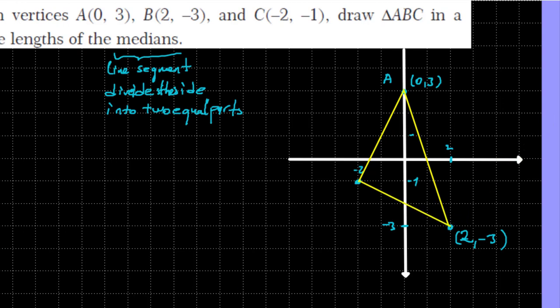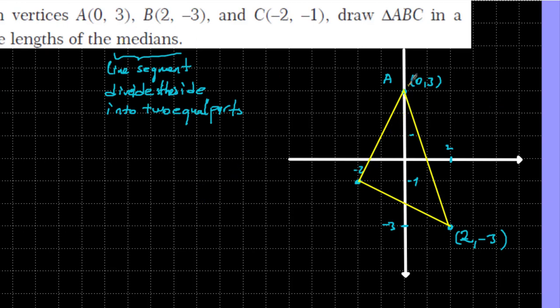I think it is obvious where the midpoints are, because for finding the median, I need to find the midpoint of a line segment, and from the formula I can find the midpoint of AB.